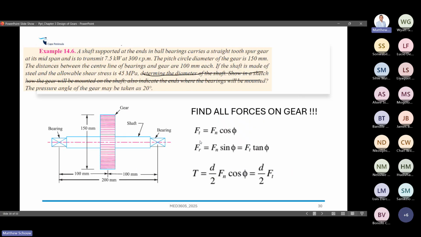So you just need information basically in the top section. This can give you your torque. From your torque, you can find something here, though I don't want to mention too much. From that, you can compute each one. So from you guys, can I get my torque? Can I get my tangential force? And can I get my radial force?